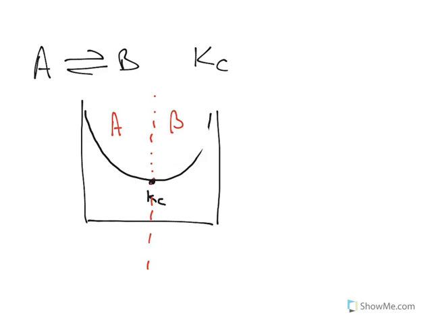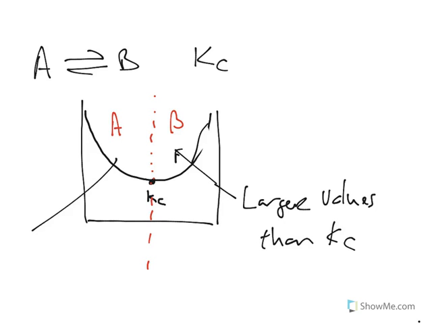And what I mean by that is when you're on one side of Kc, which is larger values than Kc, and these are smaller values than Kc, we can tell that if we have a mixture that's over here, it's going to tend towards B. It's going to make more B and consume more A. If we're sitting over here, it's going to tend towards A and consume B.